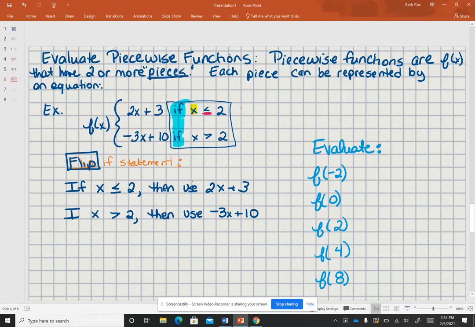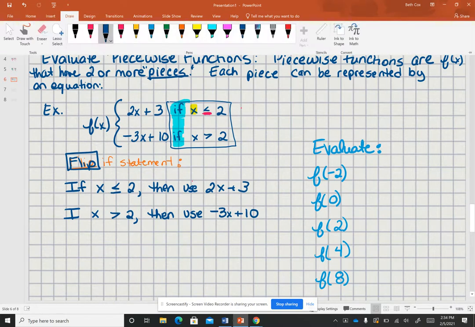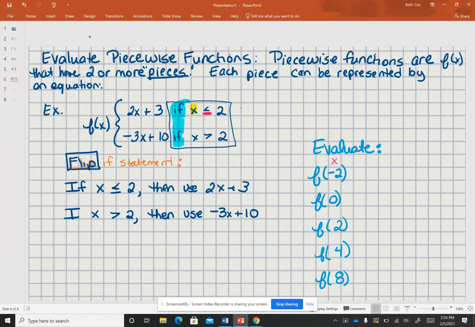So let's go to evaluate. This first one says f of negative 2. Okay, so now remember, this is my x. So this one says f of negative 2. Is the x I'm using going to fit criteria number 1 or criteria number 2? Criterion number 1 says if x is less than 2, I'm going to use this formula.